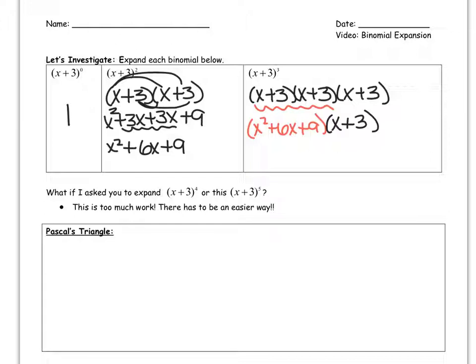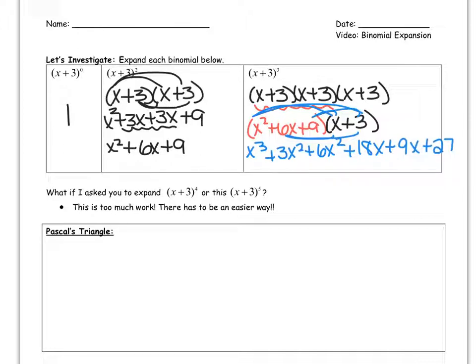So again, we're going to distribute. So x squared times x is x to the third. X squared times 3 is 3x squared. 6x times x is 6x squared. 6x times 3 is 18x. 9 times x is 9x. And then 9 times 3 is 27.